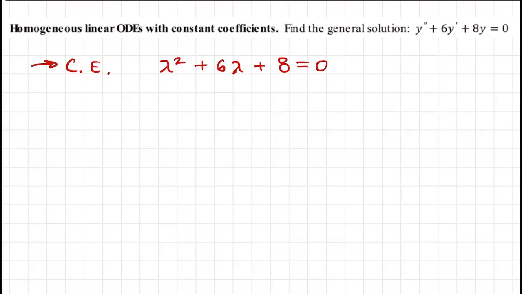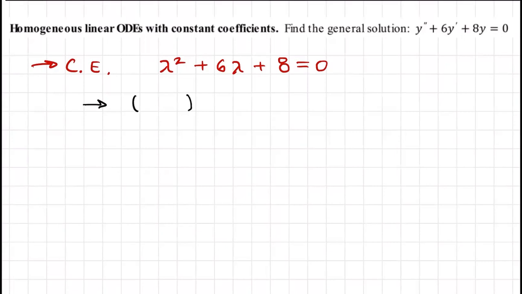Okay, so how do we solve this one? Well, we can use the quadratic equation or factoring, whichever method you want to use, that's fine. In this case, we're going to be factoring. So what numbers will give me 8 and added up give me 6? Let's see, we have 2 and 4.